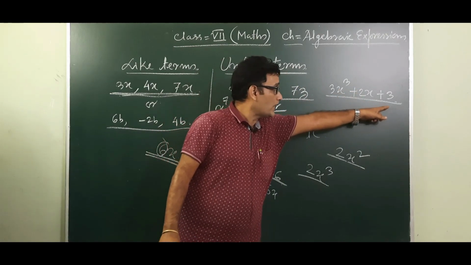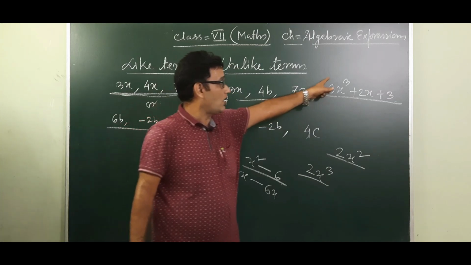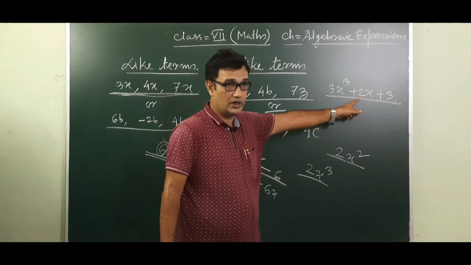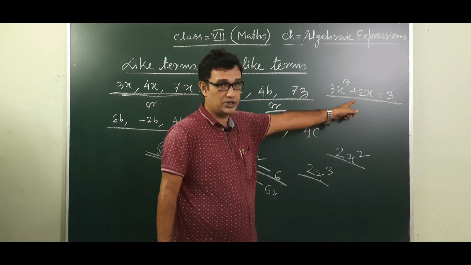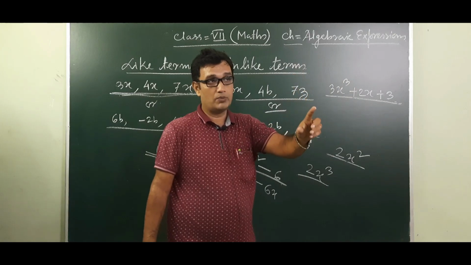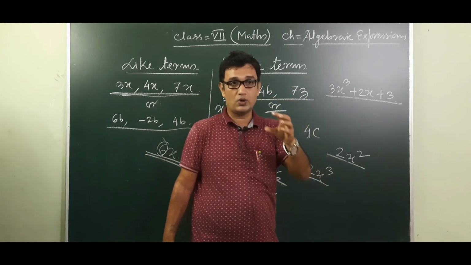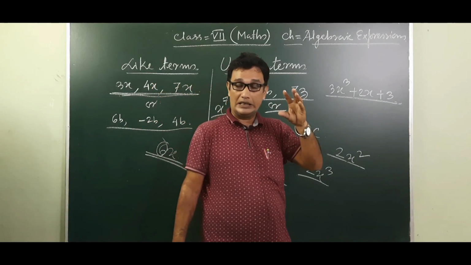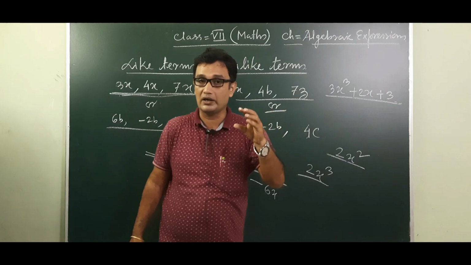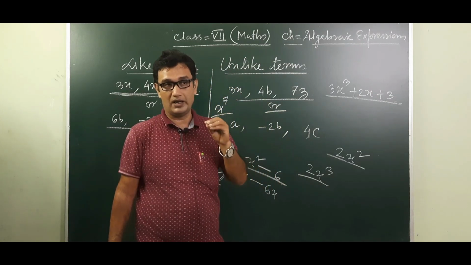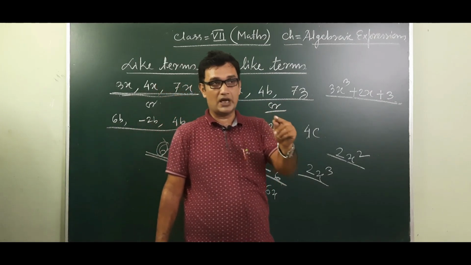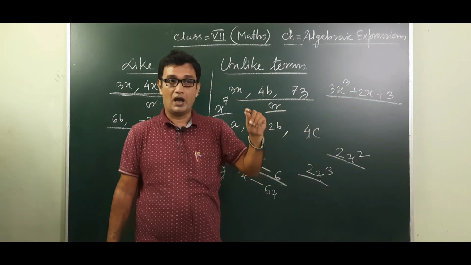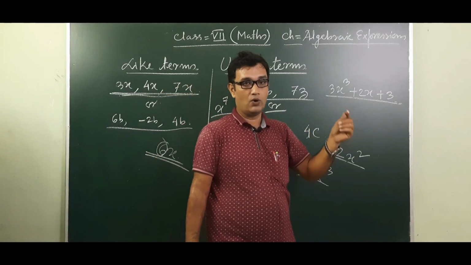So if we are going to find out the degree of the given algebraic expression, first we have to see, in that expression, how many variables are there. If only one variable is there, then you have to find out what variable is given in that expression, either x or y or a or b.